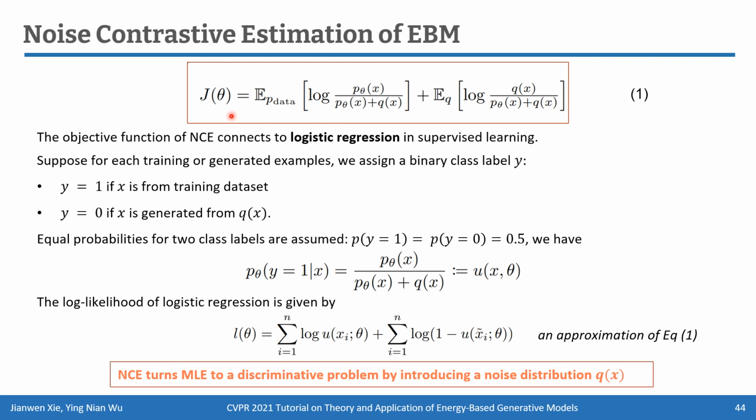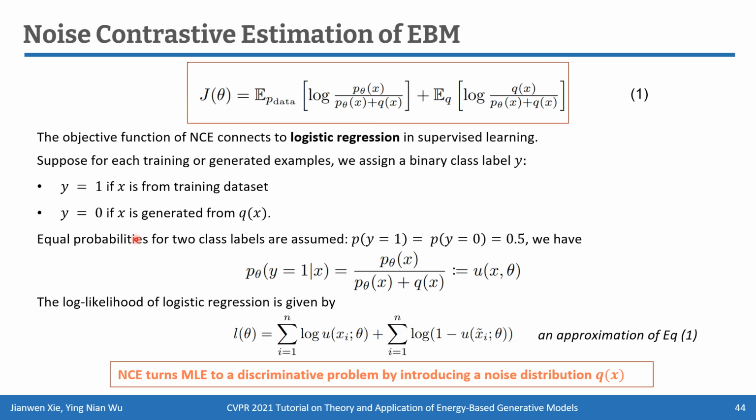So it is very similar to GAN. We use Q of x to generate those fake examples, and then we learn P theta of x to tell apart the fake examples and the real examples. This is a logistic regression where we introduce the label y equals 1 if x is a training example and y equals 0 if x is a generated example from the noise distribution.